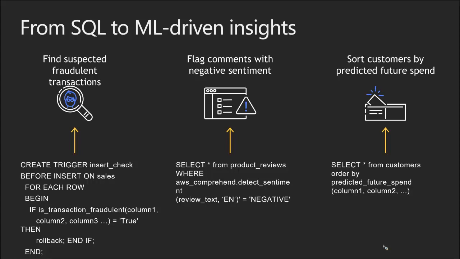So I might create a function called predicted future spend, which simply calls an algorithm that does that kind of classification, and it gets a bunch of columns from some of my tables. And as a result, I get the predicted future spend, how much we estimate that customer is going to spend in the future, or whether they're classified as a high propensity to spend customer or something like that.